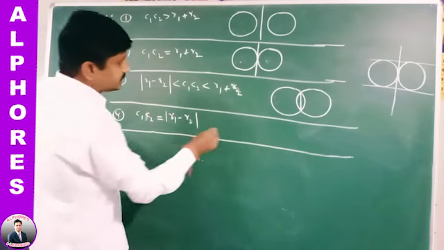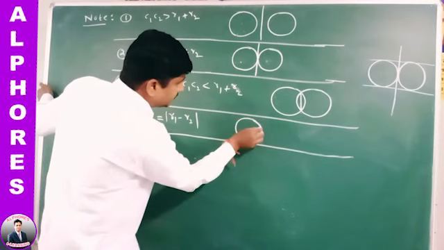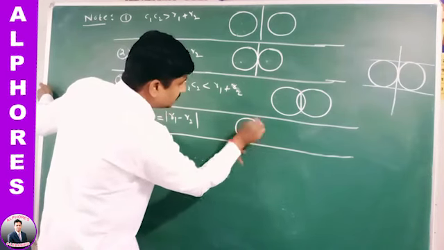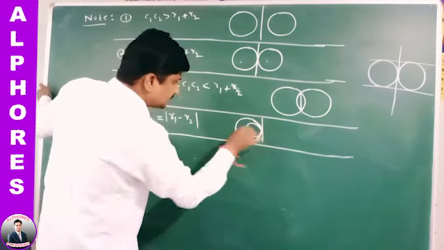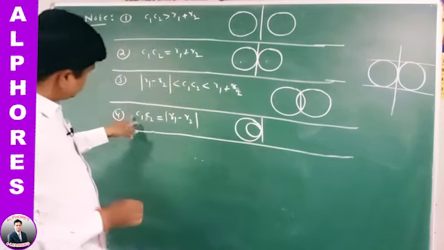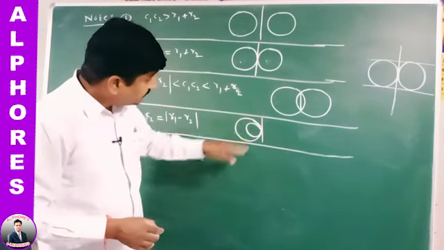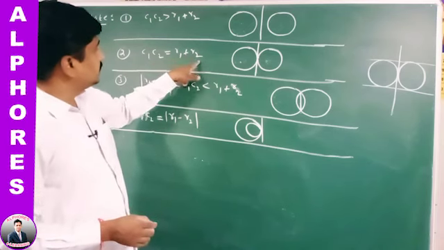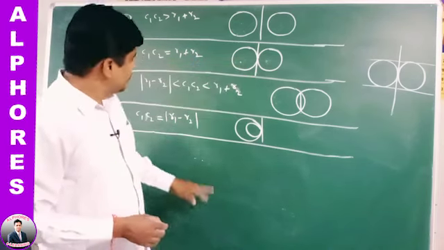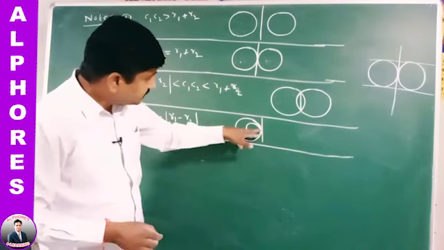In this case, two circles touch internally, and only one common tangent exists. If C1 C2 equal to modulus of R1 minus R2, two circles touch each other internally. Whereas if C1 C2 equal to R1 plus R2, two circles touch externally.